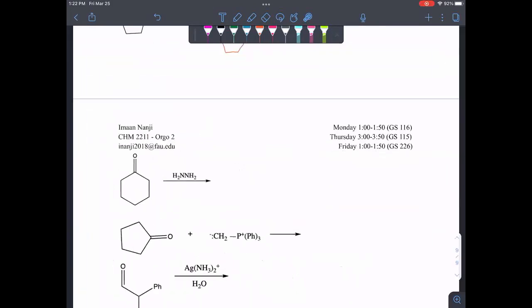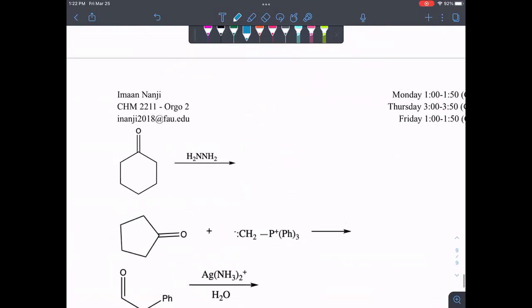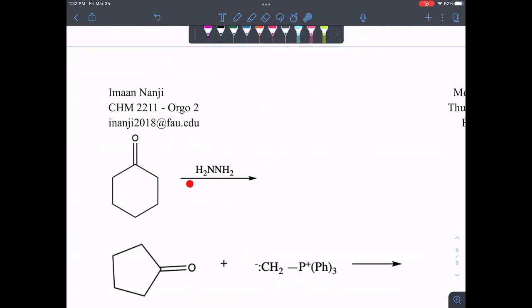Before that, Wolff-Kishner reduction. Let's start with the last one, right? So now we have a ketone, and then what is this group called?